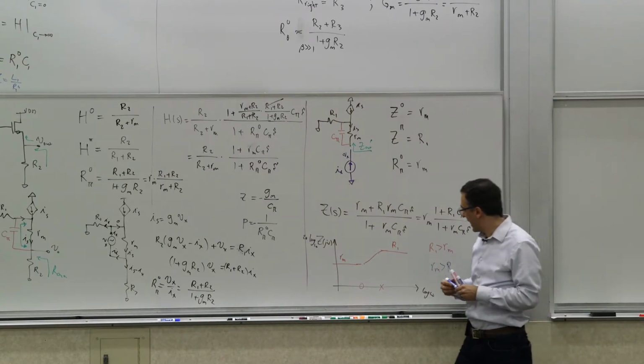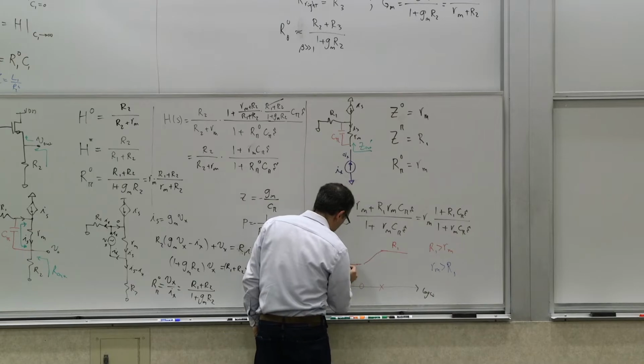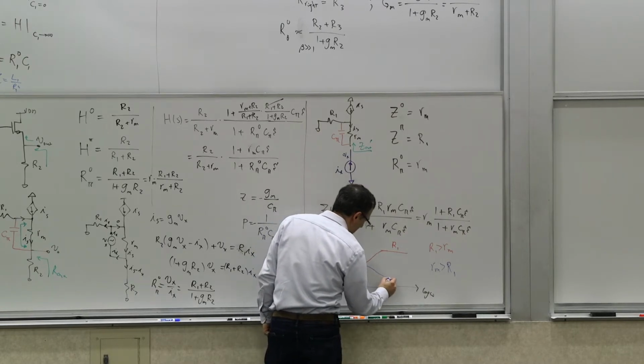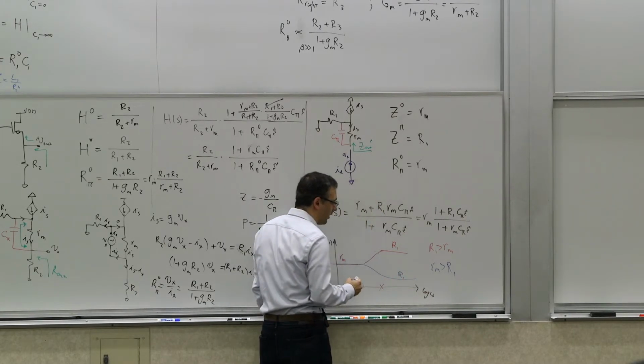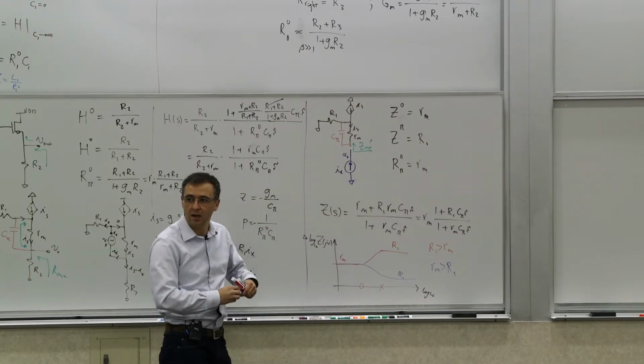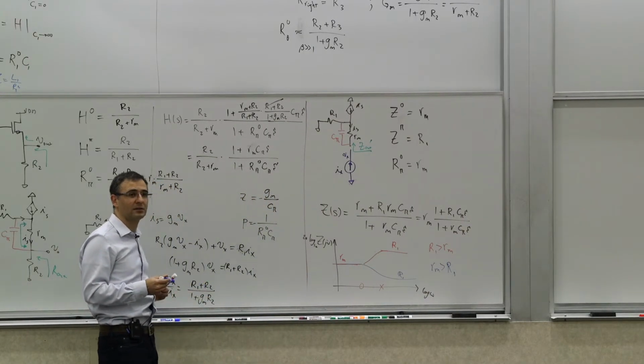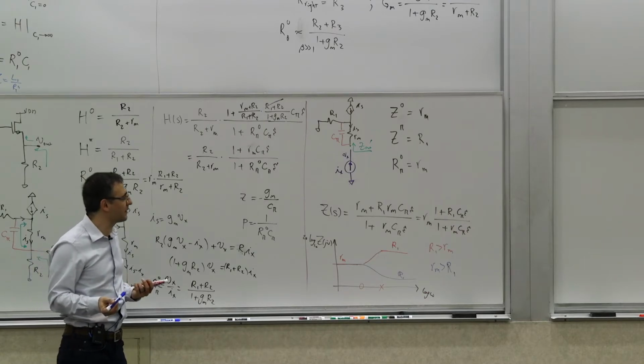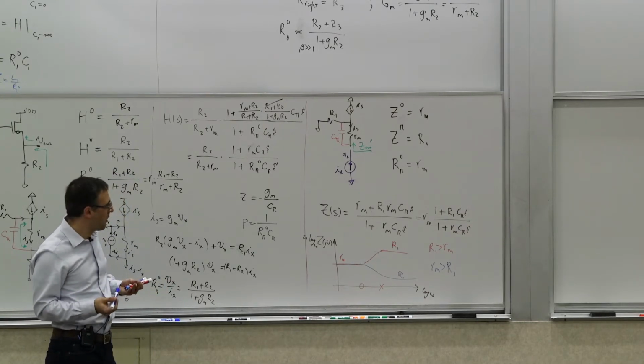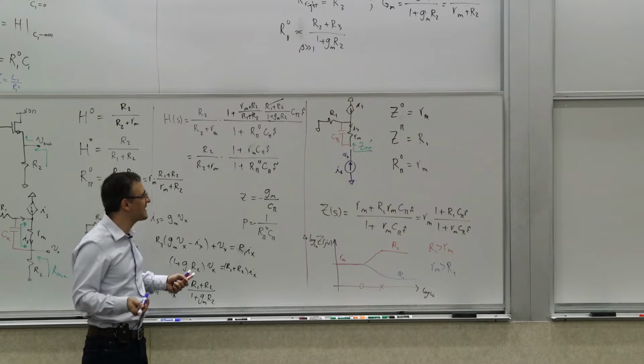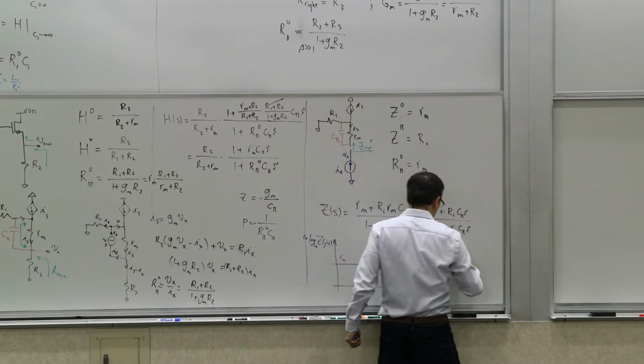Well, then the opposite will happen, right? Because then this is going to go like whatever Rm is, and go to a different R1, right? And now, how does it look? It looks capacitive.